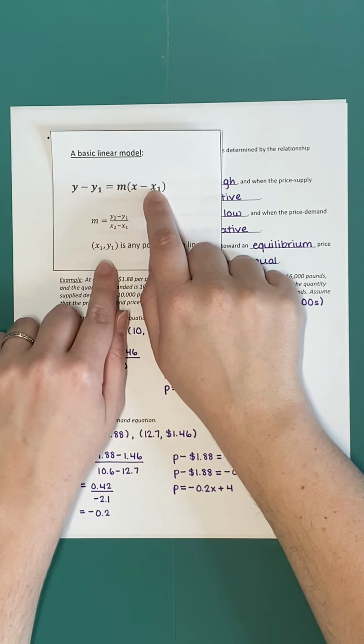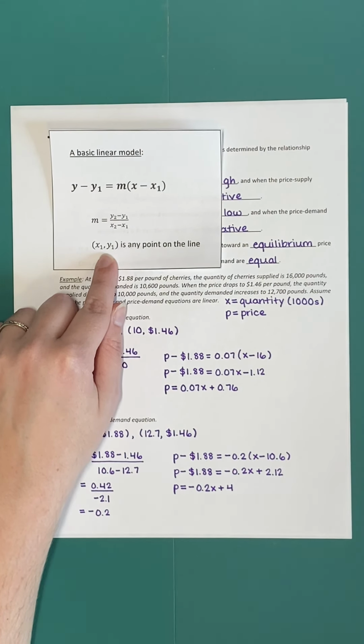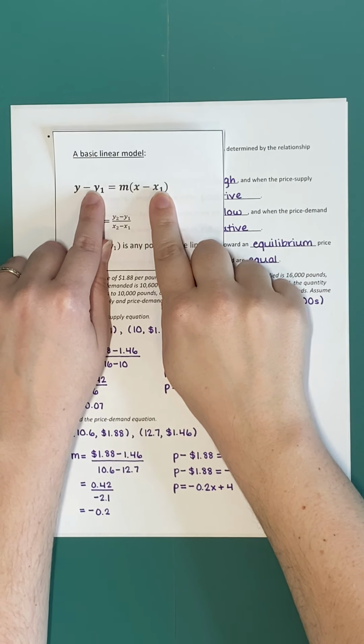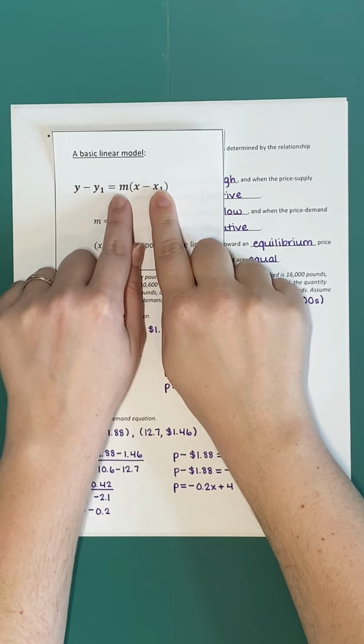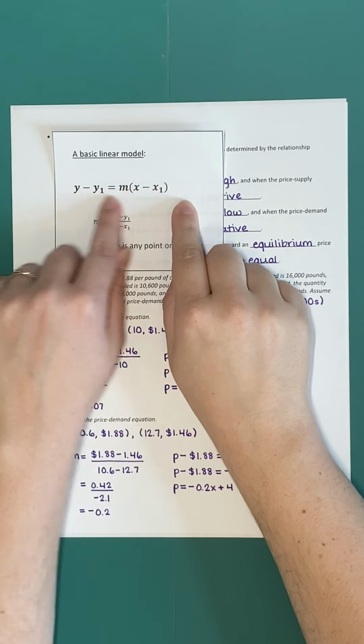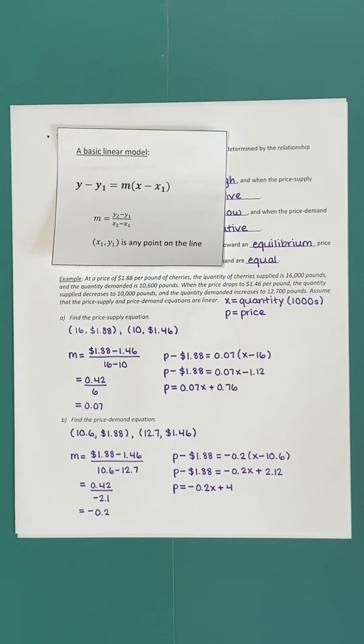So x1, y1 is any point on the line. All you have to have is one ordered pair that represents the relationship between x and y. You substitute those values in here, along with the slope that we find between two ordered pairs. And then what results is a linear equation representing this relationship based on these particular values.